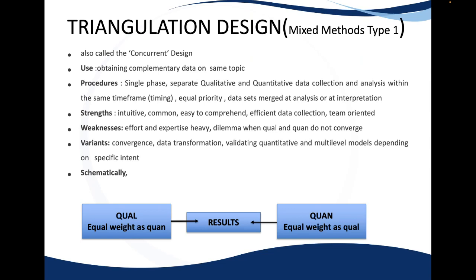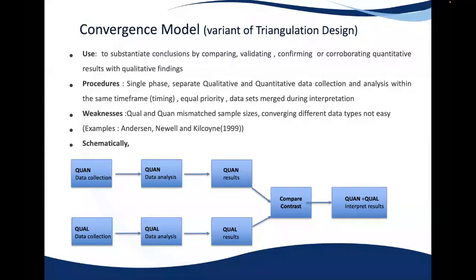There are babies to this. So if you're much more expert in your understanding of mixed methods research, there are different types of concurrent designs. There's a convergence concurrent design, the data transforming concurrent design, and so forth. And what I've done here is I've exposed one of the examples.